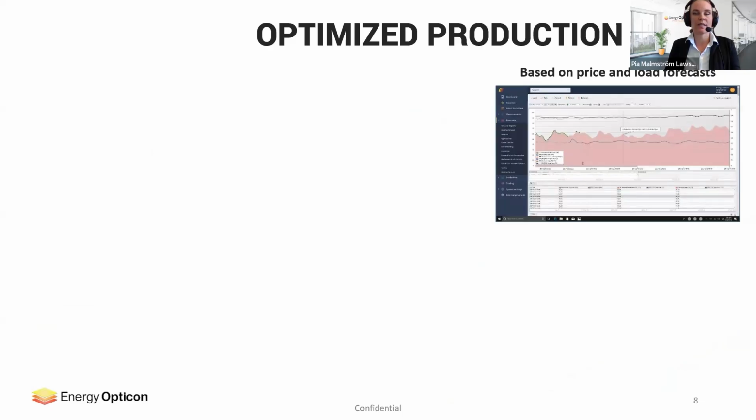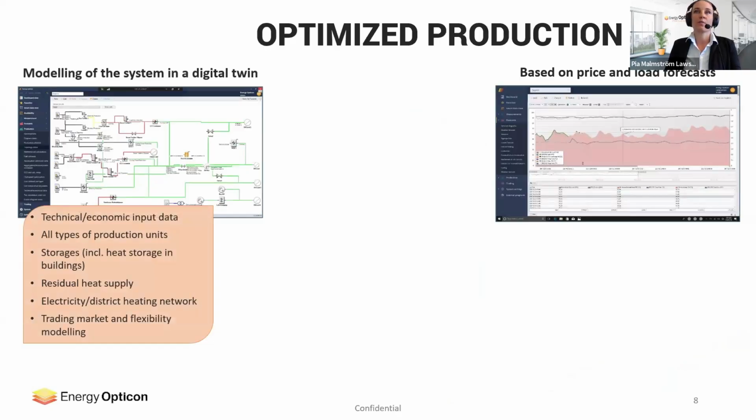And so what is needed for this to work is these optimized production plans. They are based on price and load forecasts, and then you model the consumer flexibility in the actual energy system in a digital twin as an additional storage that can be charged or discharged for the heat flex functionality. And there, this trading market and the flexibility models are also implemented.